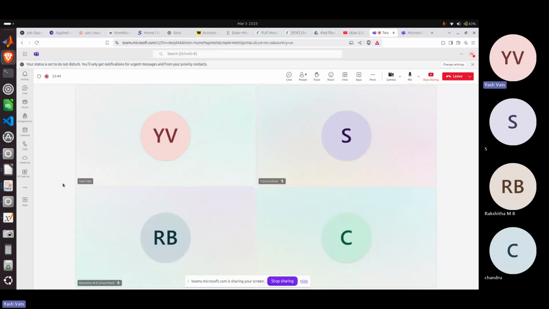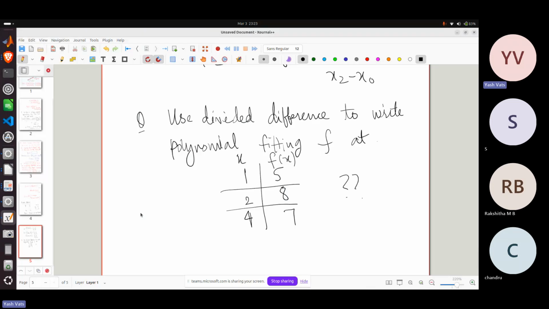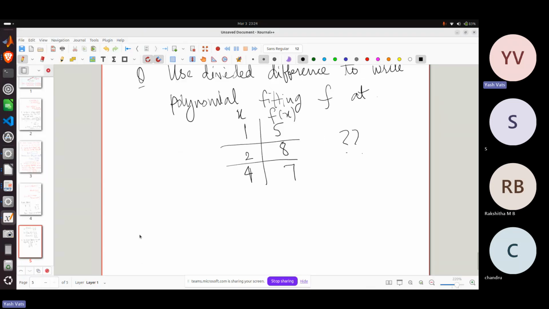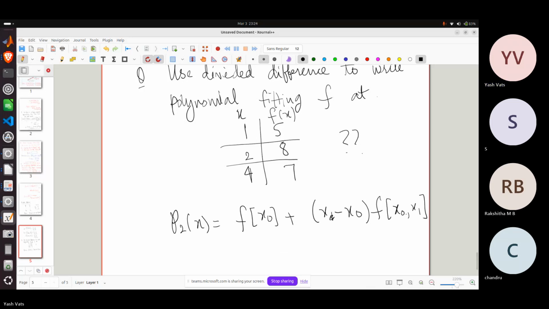Yes, if you have tried it, I just show you. So it's just p2(x), and you need to calculate f at x0 plus (x minus x0) f[x0, x1] plus (x minus x0)(x minus x1) f[x0, x1, x2].